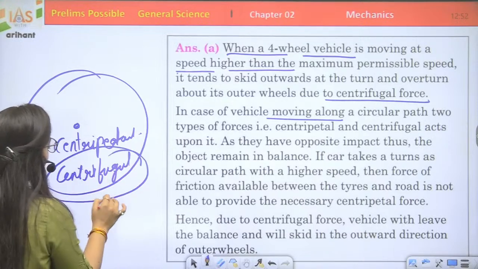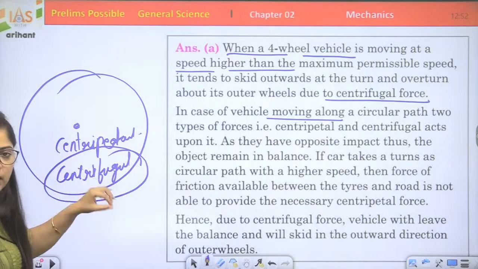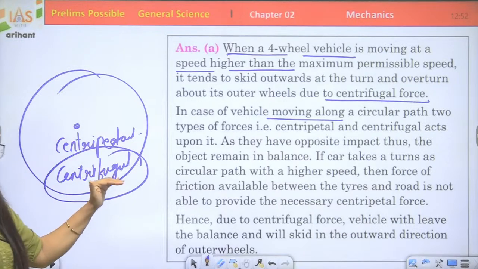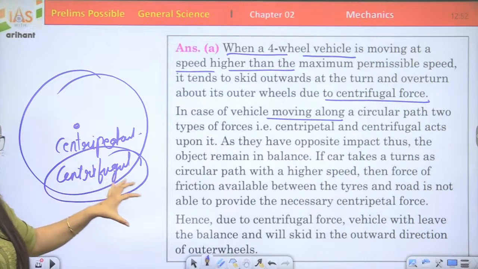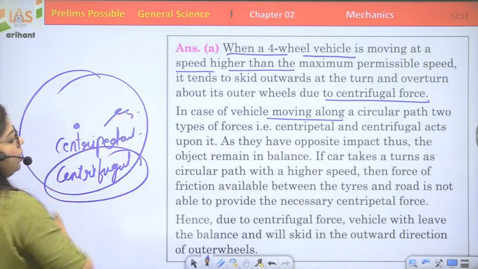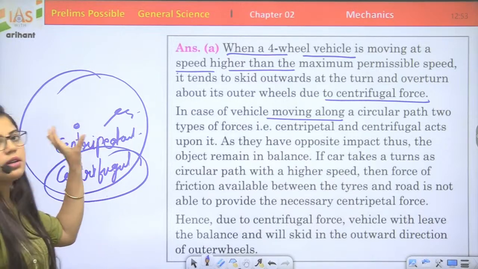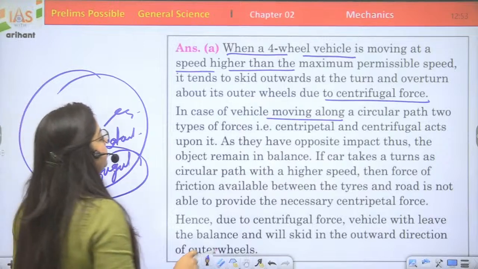In centrifugal motion, the object moves away from the center, and in centripetal force, the object moves towards the center, right?